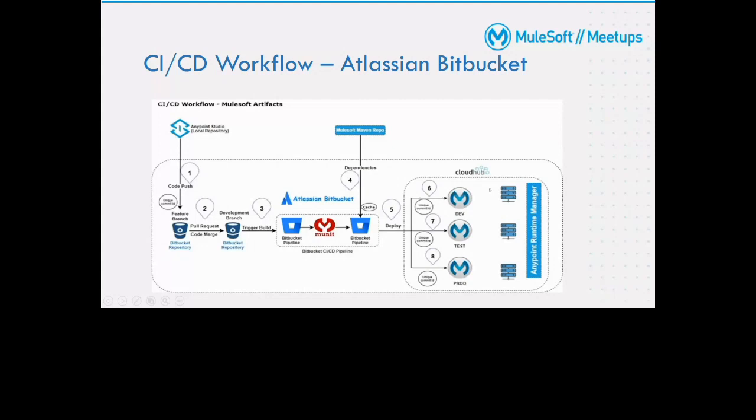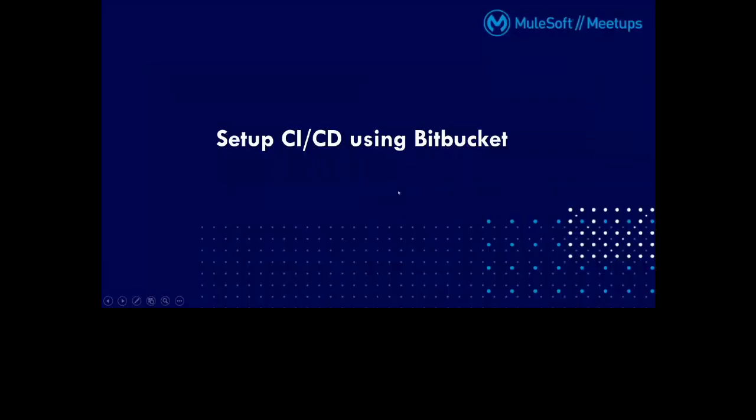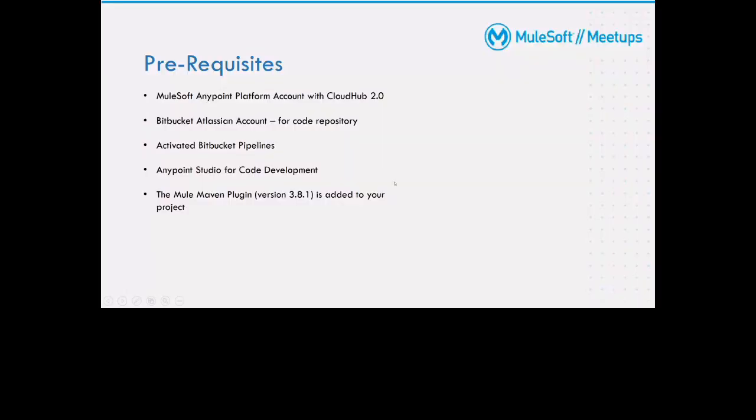Okay, so how do we set up CI/CD using Bitbucket? There are certain prerequisites. You will require a MuleSoft Anypoint Platform account with CloudHub 2.0, and a Bitbucket Atlassian account for the code repository, with Bitbucket Pipelines activated. The first time, you need to activate your pipelines in every repository.